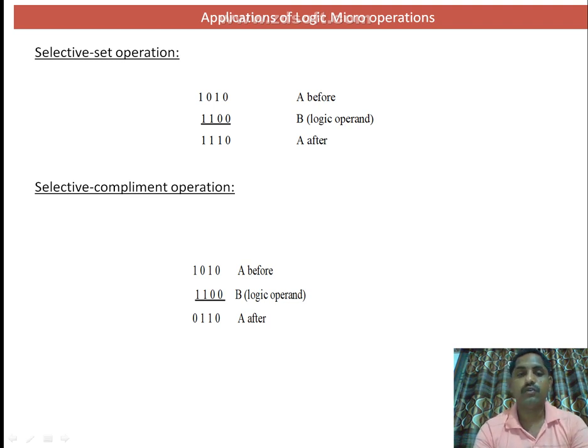Okay, now let us go to the selective complement operation. It complements the bits in A where there are corresponding ones in B. It does not affect the bit positions that have zeros in B. For example, A is 1010 and B is 1100, so after the operation A is 0110. Again the two leftmost bits of B are ones, so the corresponding bits of A are complemented.